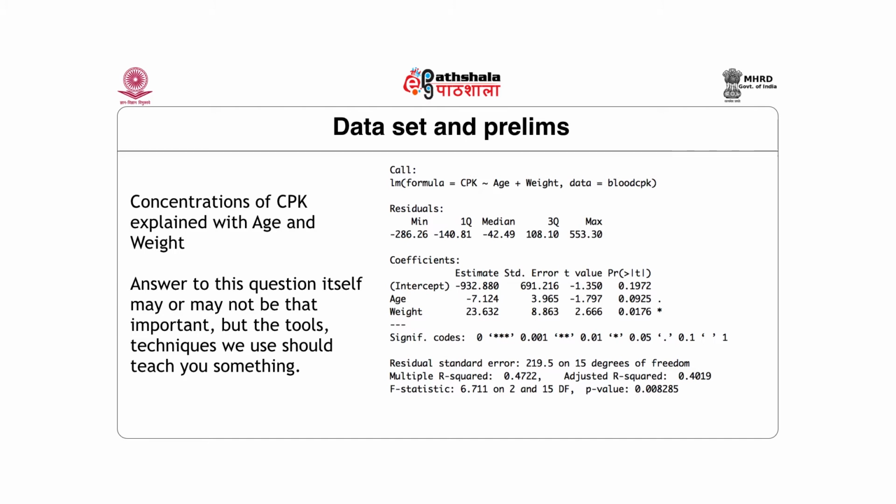Or maybe we ask, what happens as people grow older? Do creatine phosphokinase levels fall off, or do they tend to increase? And what happens for people who are heavier, or after adjusting for their weight?